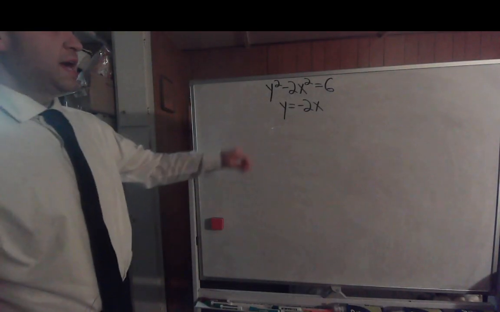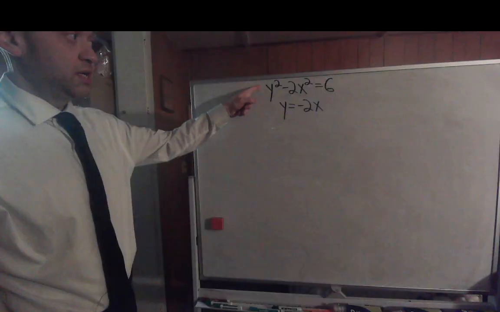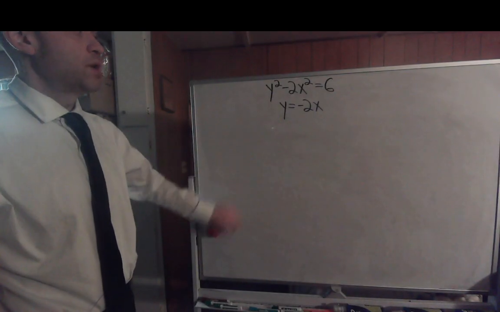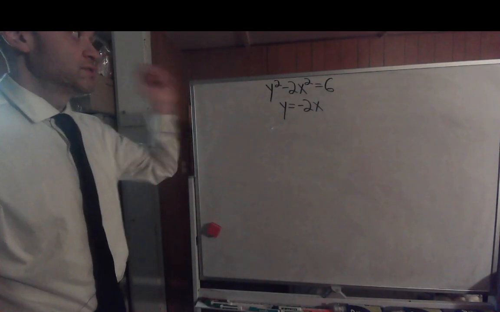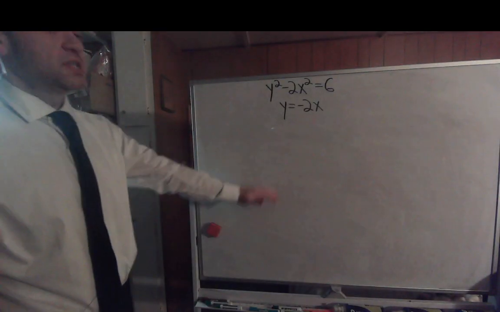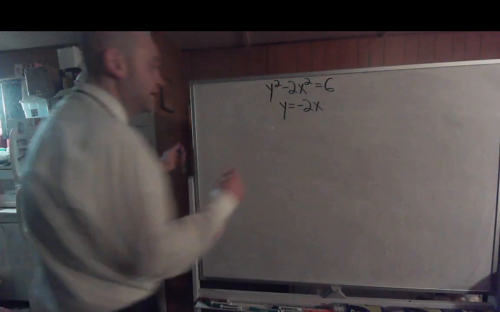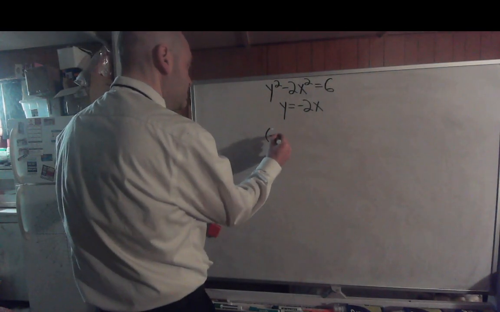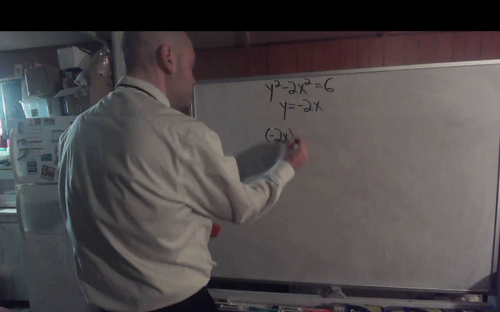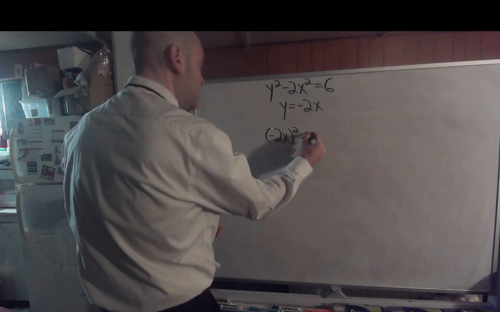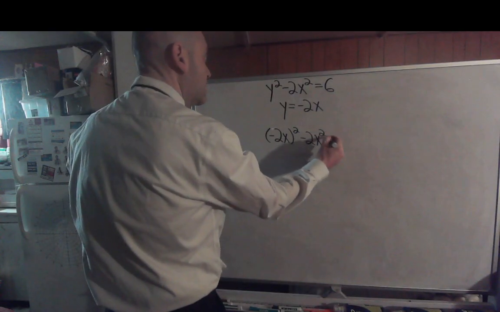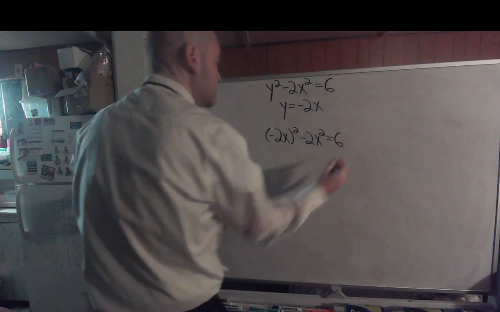So here we have the equation of a hyperbola and a line. We've got to figure out where a hyperbola and a line intersect. Again, I'm going to say do substitution. Put that -2x in for y. So this will turn into (-2x) squared minus 2x squared equals 6.